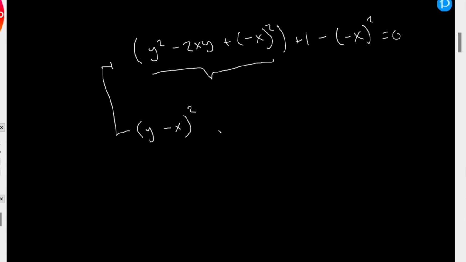That's how it is factored out. This is equal to 0.